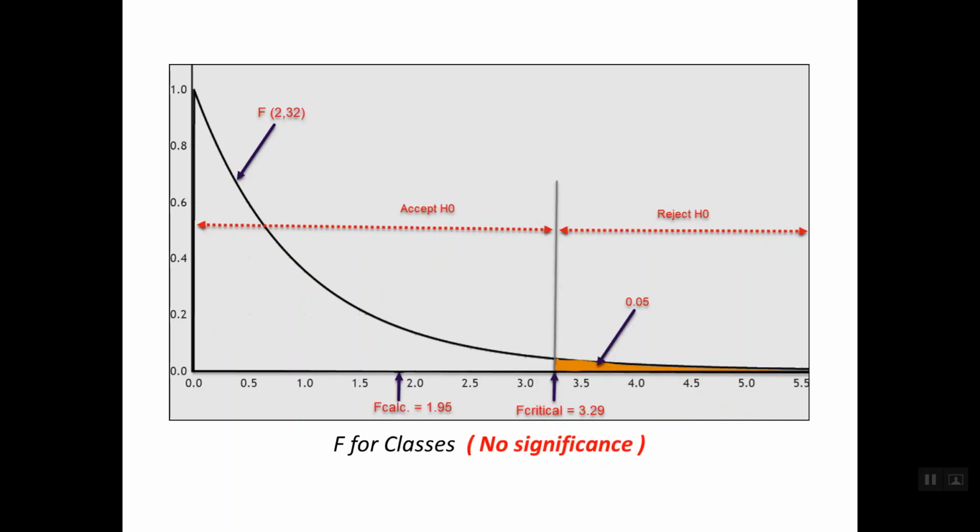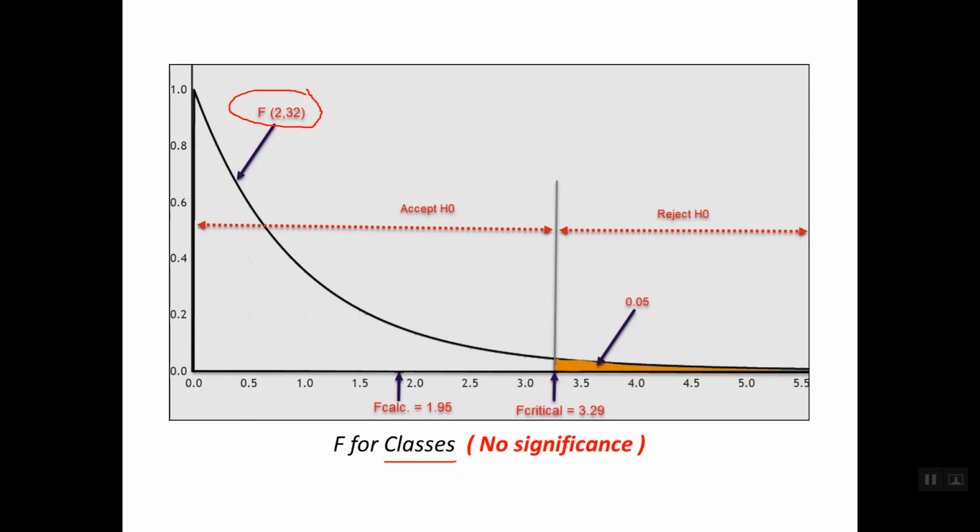We use the same technique for the second factor, which is the classes. But notice that the shape of the F distribution curve is not the same as the previous one, because this curve is related to the F value for degrees of freedom 2 and 32.